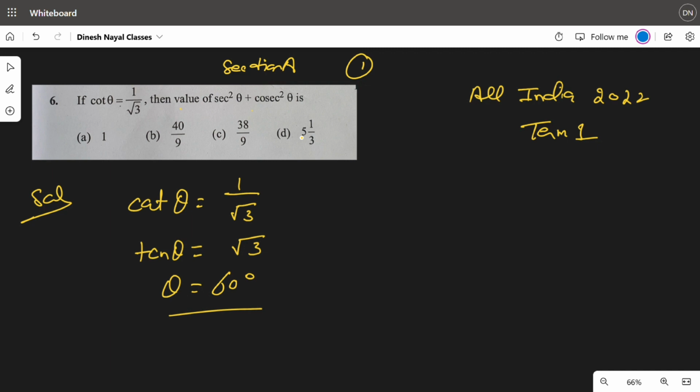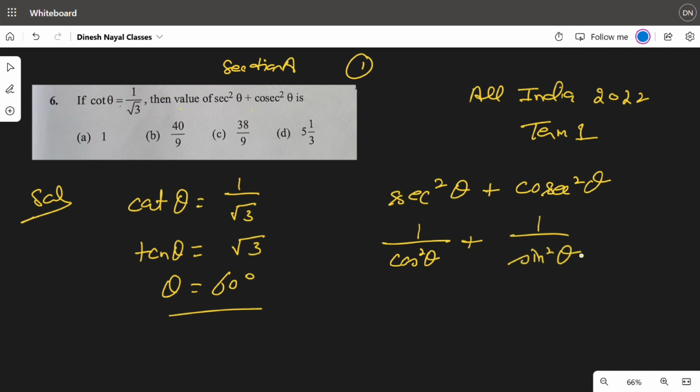Now we'll just substitute over here. So writing sec squared theta plus cosec squared theta. We know that sec squared theta is written as 1 upon cos squared theta, plus cosec squared theta, you can write as 1 upon sine squared theta.